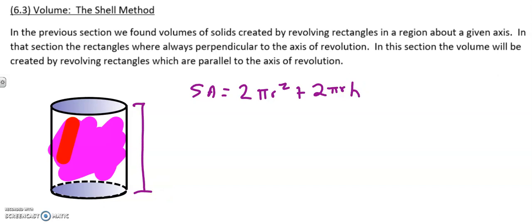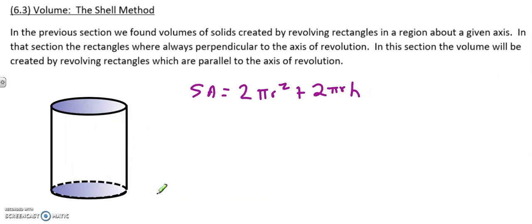In this lesson, we're going to say that this volume is going to be created by negating the top circle and the bottom circle and just focusing on the walls of the cylinder, where the thickness of each one of these walls is going to be your dx. Now, imagine I start with a really tiny cylinder. This cylinder will have a volume.